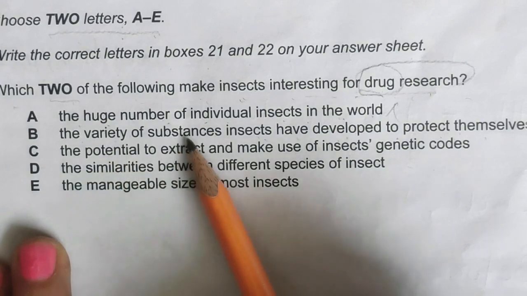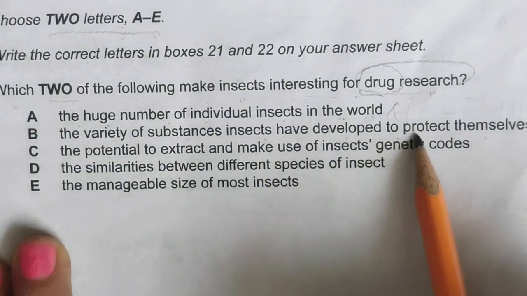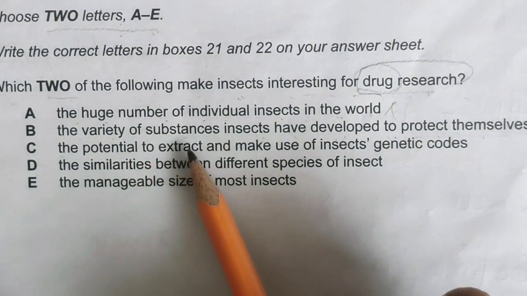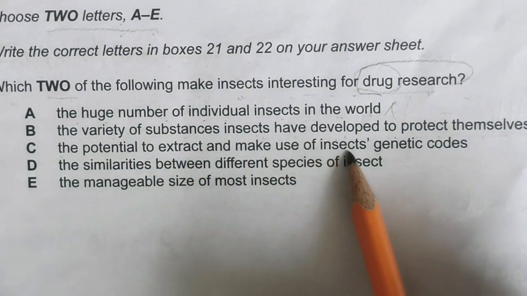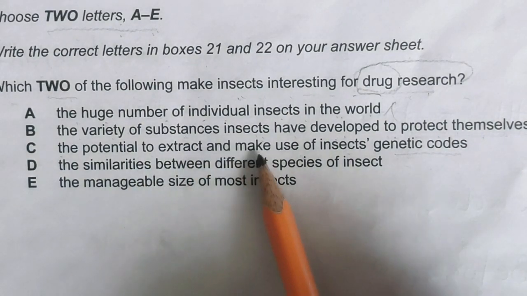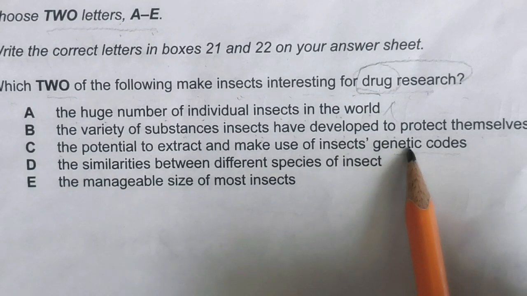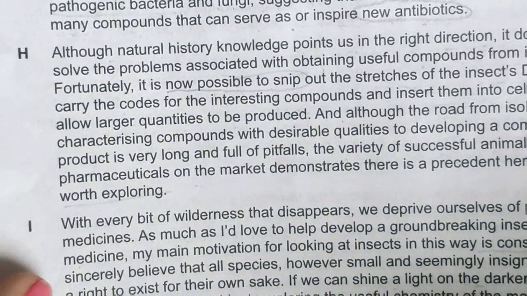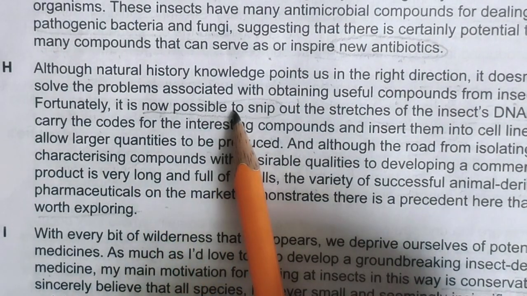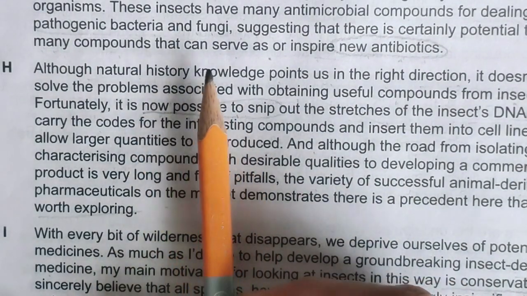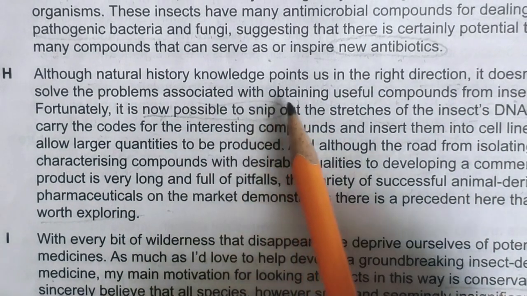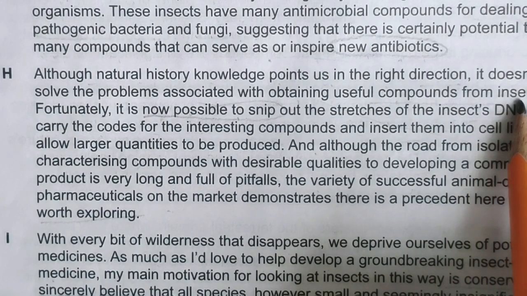Second, the variety of substances insects have developed to protect themselves. Yes, it was given. And the potential to extract and make use of insects' genetic code was given in this paragraph. Yes, you can just read it from here. In the next paragraph I'm talking about history, and it doesn't solve the problems associated with obtaining useful compounds from insects.